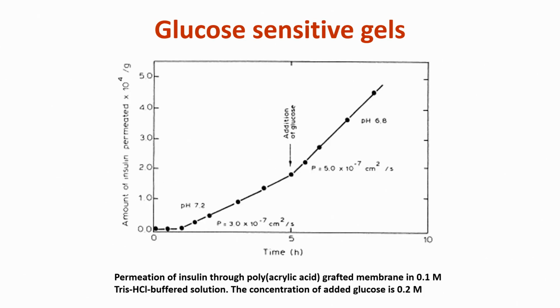So, here is what we see. Obviously, the system as I described it looks fairly fancy and fairly good, but in practice when they test it, here is what they see. They are seeing permeation of insulin through this membrane in 0.1 molar HCl buffered solution, and they have added quite a high concentration of glucose as well, which is 0.2 molar at a certain point, and you are measuring the amount of insulin that is being released.